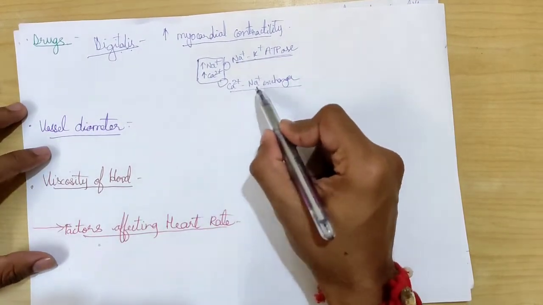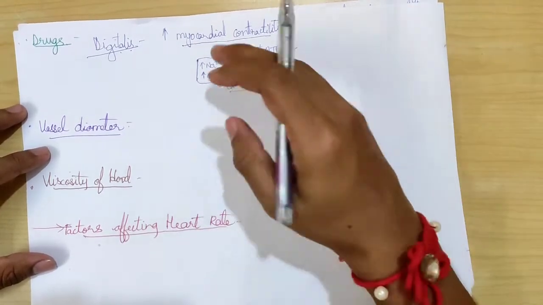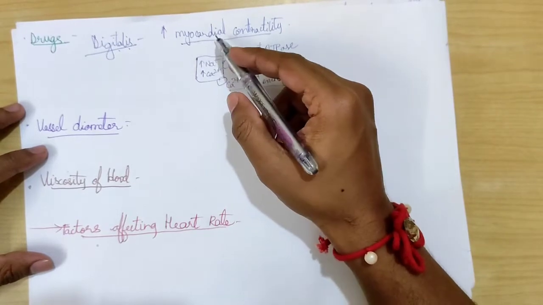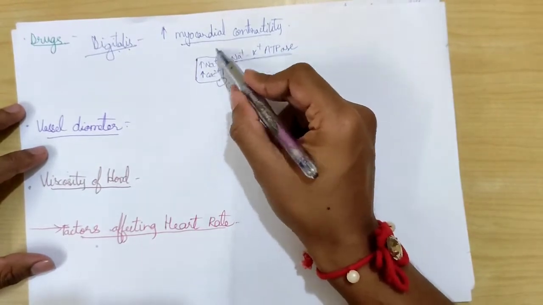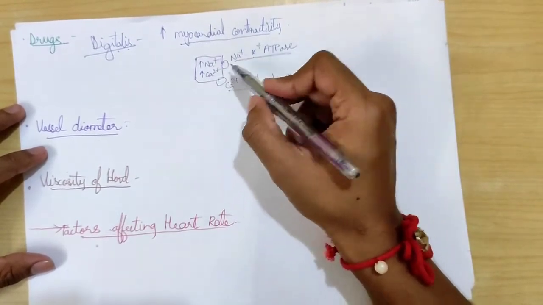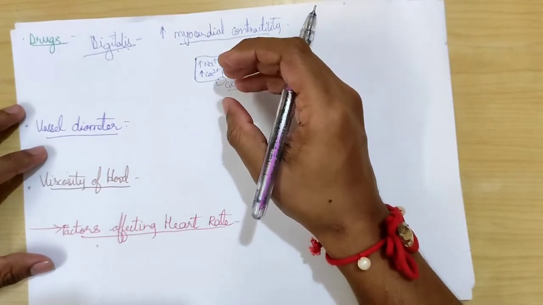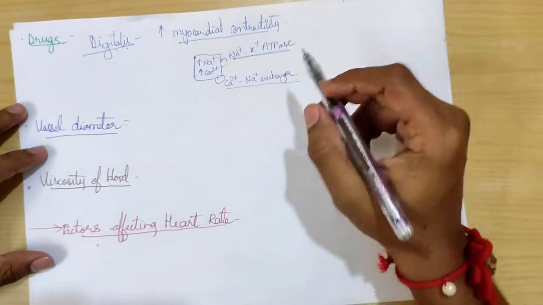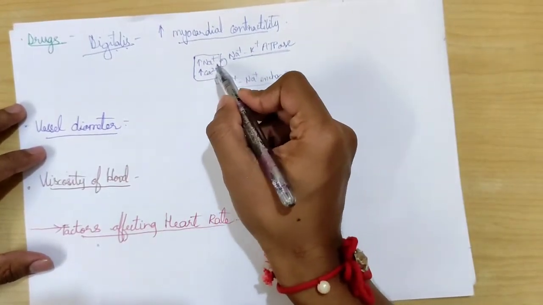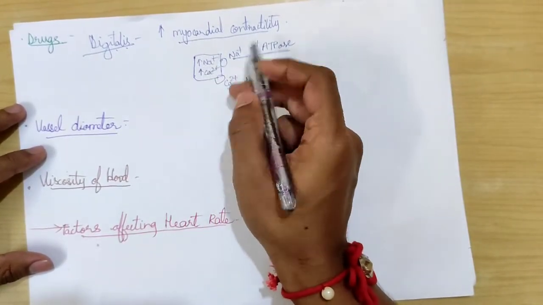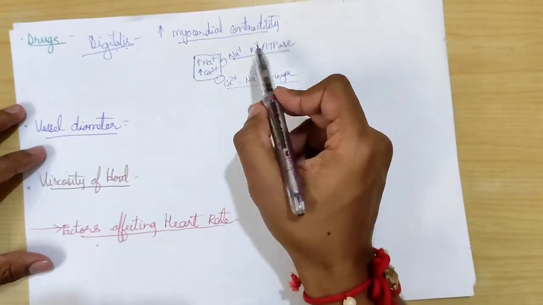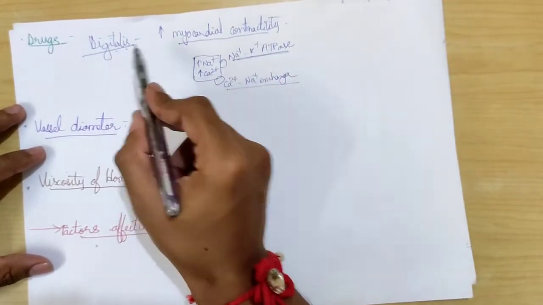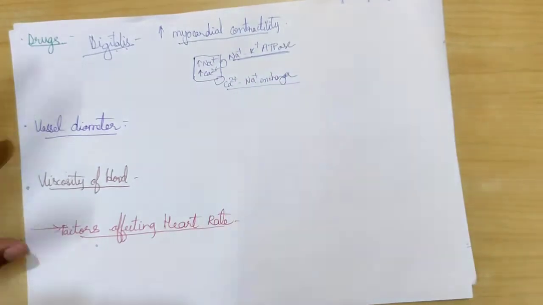The work of the calcium sodium exchanger is to pump out the calcium and bring sodium into the myocardial cell. But here the sodium is already increased in the cell, so there will be no gradient for the sodium to go inside. Therefore the calcium also cannot come out. So the calcium will increase in the myocardial cell due to the increase in sodium, which is already present due to the decreased activity of the Na+ K+ ATPase. So digitalis increases the myocardial contractility.